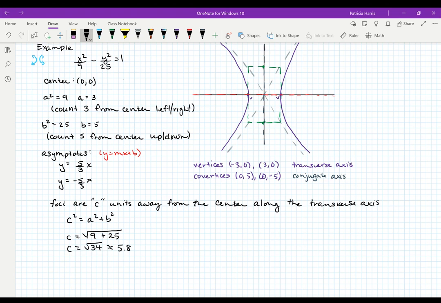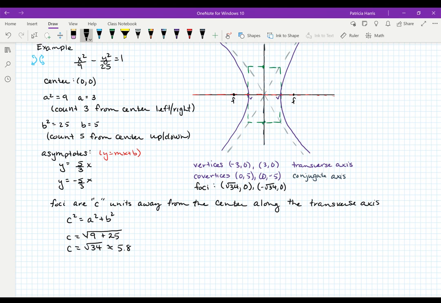If my vertices were at 3, I'm going to count 5.8 from my center: 3, 4, 5, 5.8. So my foci are located at radical 34, 0 and negative radical 34, 0, or you can use 5.8. It just depends on what the problem requires.